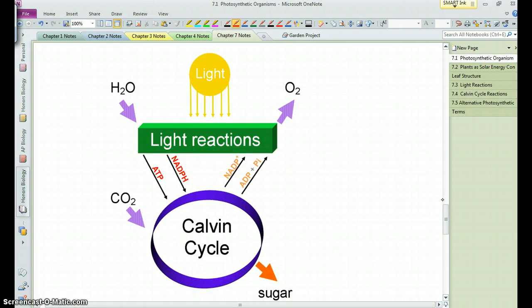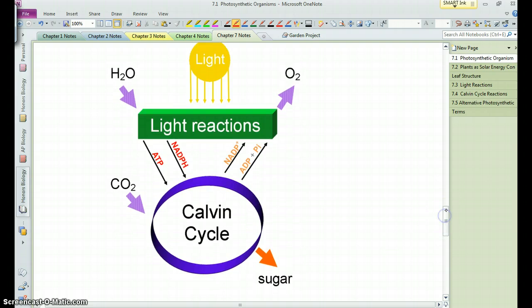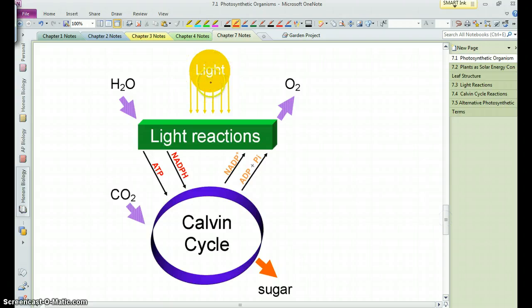So here's how these two reactions work together. The light reactions, as you can imagine, take advantage of light energy, and they also make use of water. It's where the water in the overall photosynthetic formula comes from, C6H12O6 plus O2.